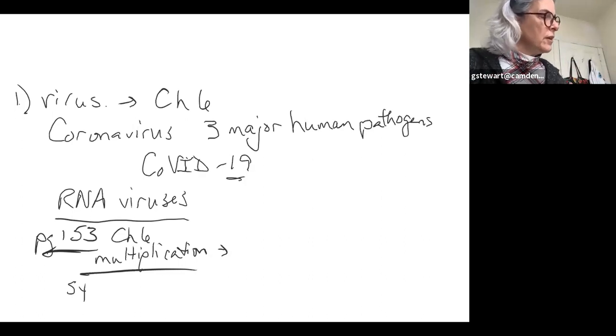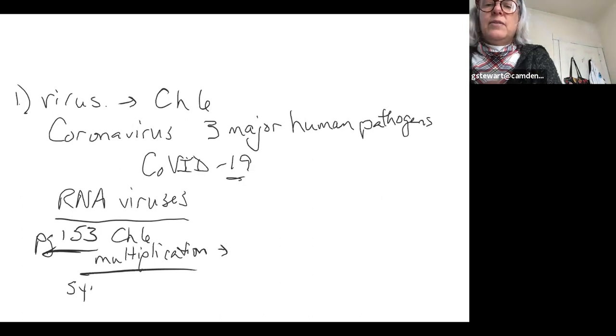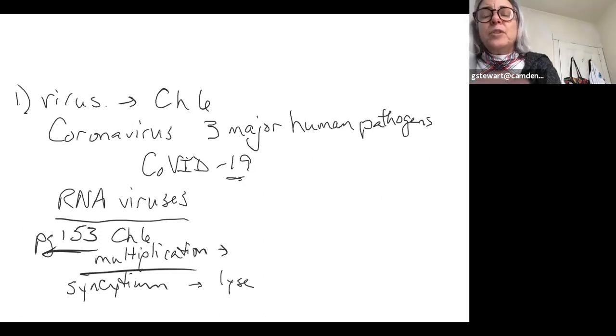Cytopathic effects, right? So we need a syncytium, SYNCYTIUM, form syncytium, and then eventually the cells lyse and die, obviously. So you can actually see that under the microscope if you're looking at infected cells.